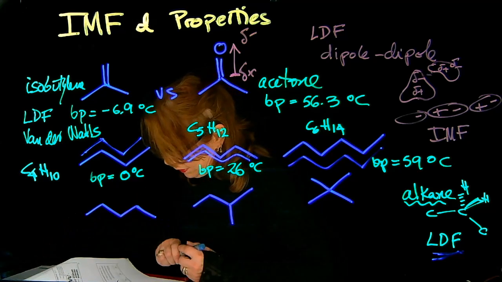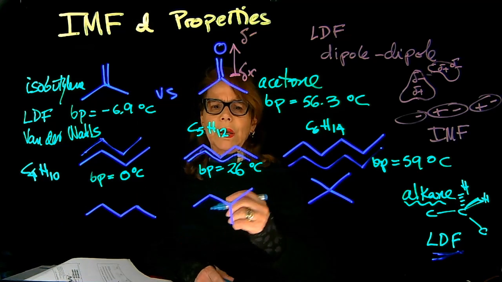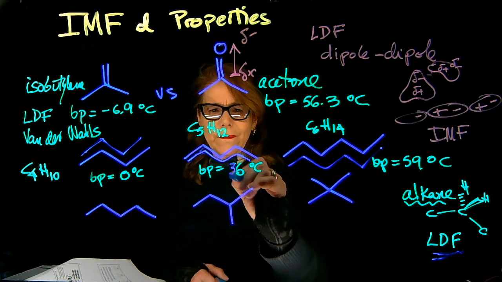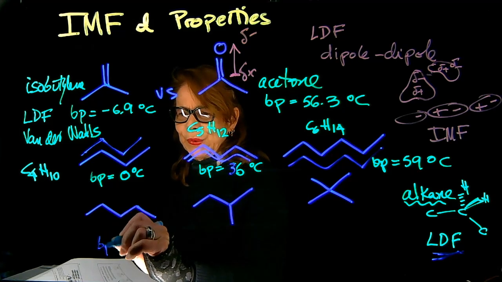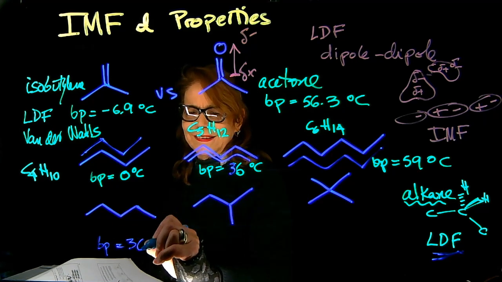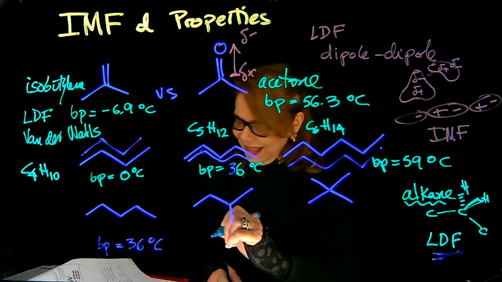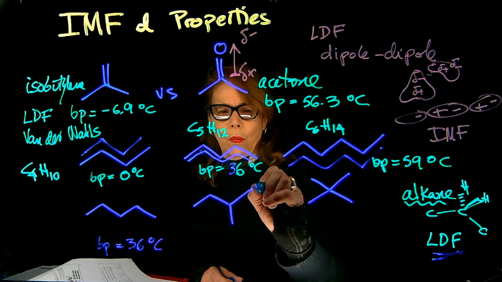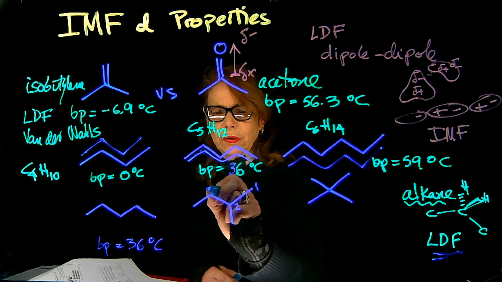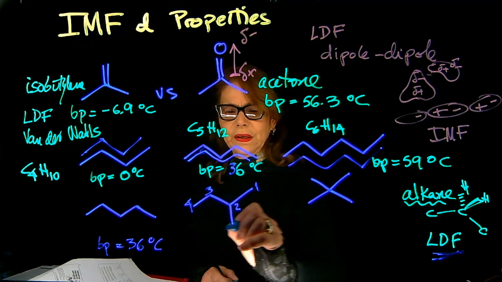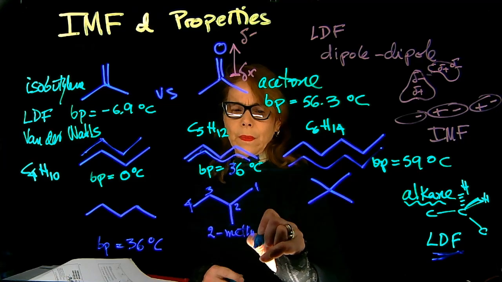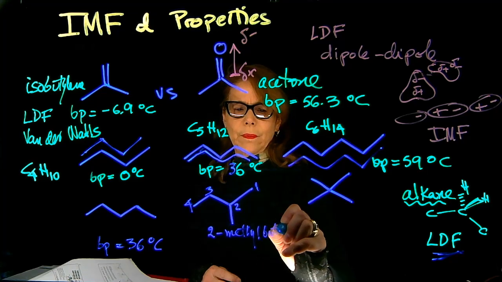So in the series below, I have pentane. Oh, that was 36. I didn't read it right. I have it in the other note. So boiling point 36. And here I have, notice this, let's name my chain 1, 2, 3, and 4. This is 2-methylbutane.